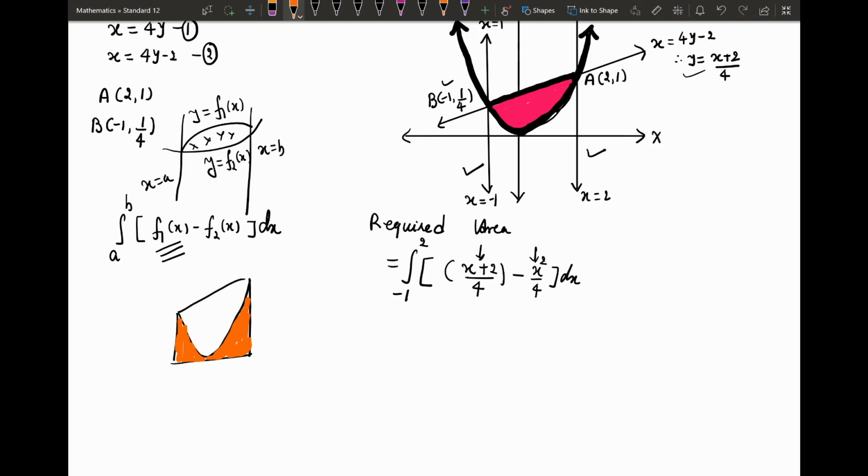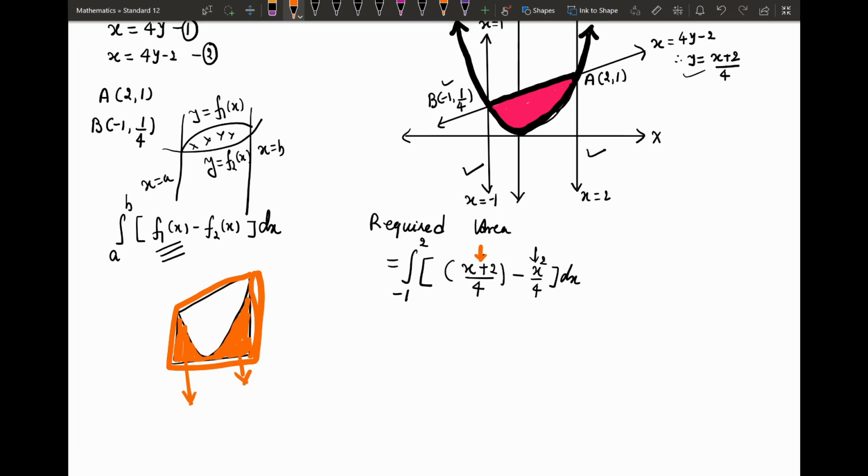So you check that by the first integral, in which we have taken y from the equation of the line, we are getting the entire area, and when we subtract x square by 4, this lower portion we can remove.